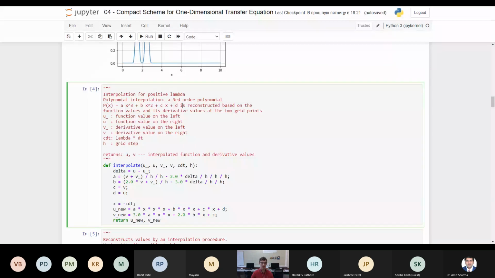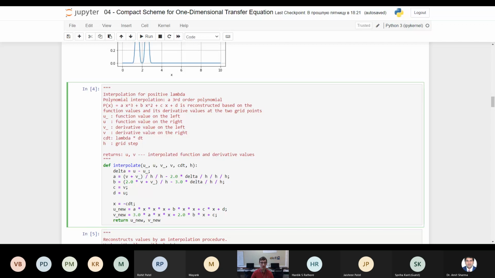We also have 4 values of the function, and we have these parameters which define the point in which we will interpolate our polynomial. And this function returns u and v.